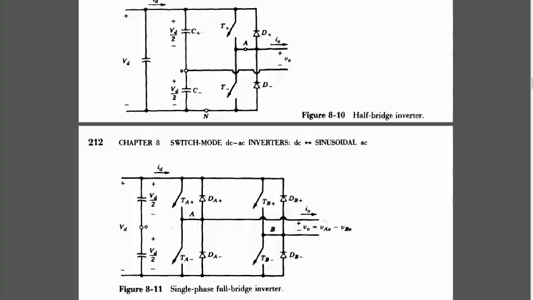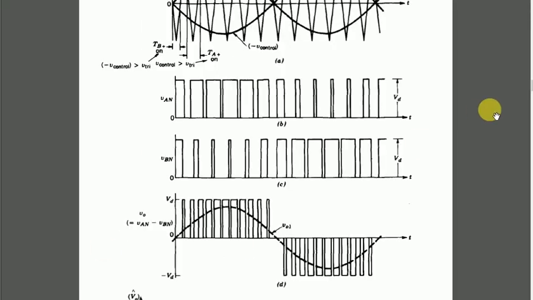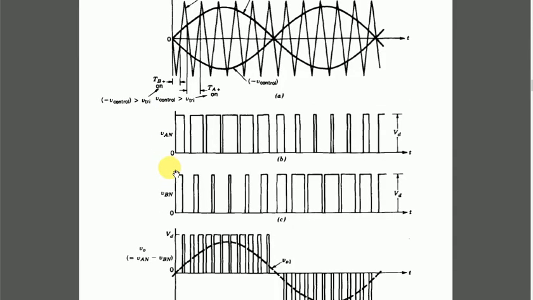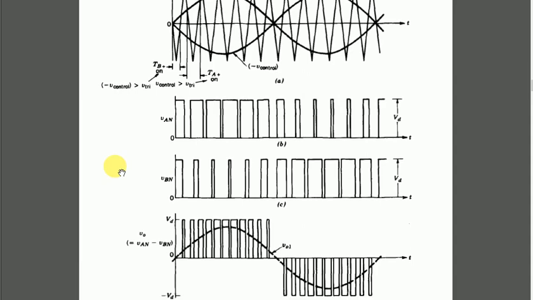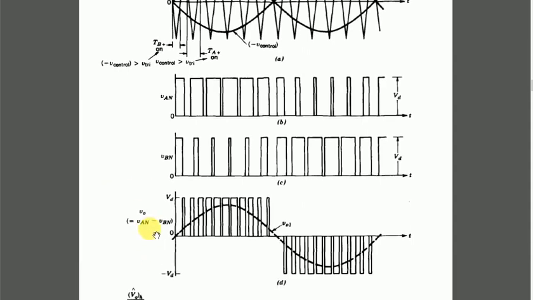Let us see the waveforms of this scheme. This is the pattern of the voltage across points AN, and this is for BN. To determine the output voltage, we need to take the difference of the two, that is VAN minus VBN, and this is what we will have available at the output.